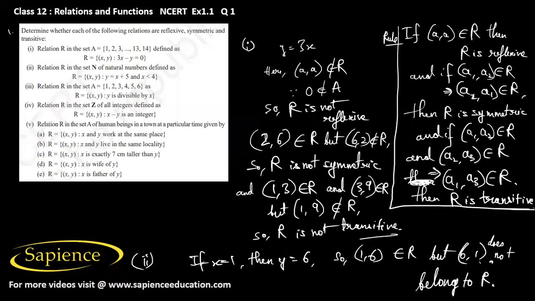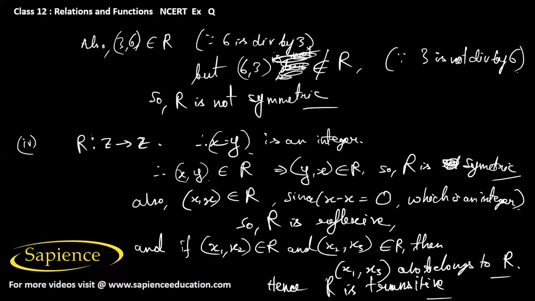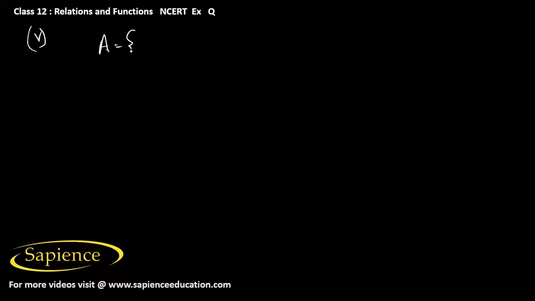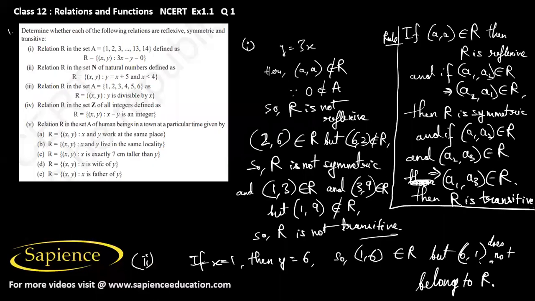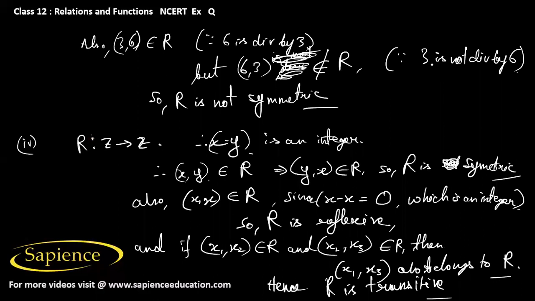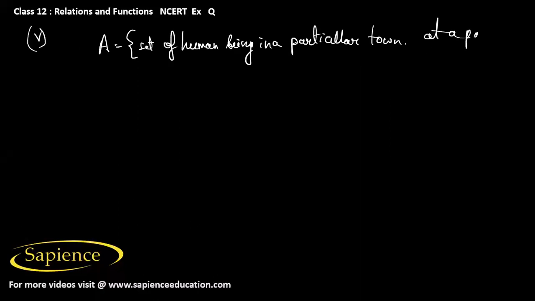So the fifth one is relation R, the set A is given, the set of all human beings in a particular town at a particular time.